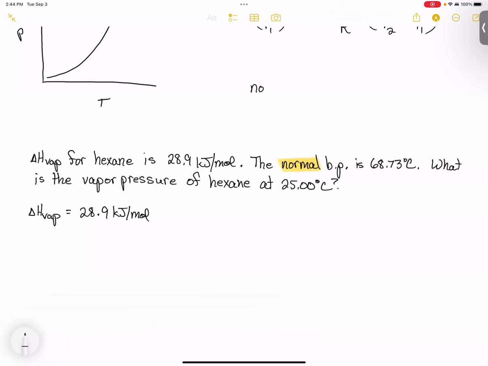When we're talking about normal boiling point, normal melting point, and when we get into the phase diagram, it means this occurs at 1 atmosphere.